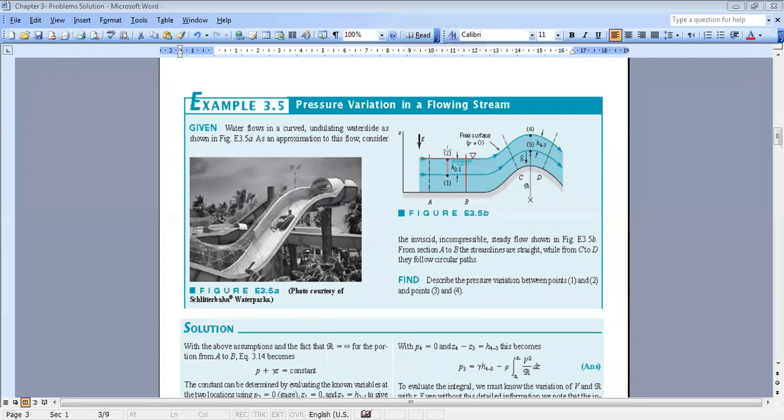You can choose the previous chapter, or you can use this one. You remember, who will tell me, how can I compare 1 and 2 if I want to use the previous chapter? You remember the last part of your chapter when we did the pressure variation in fluids in translation?